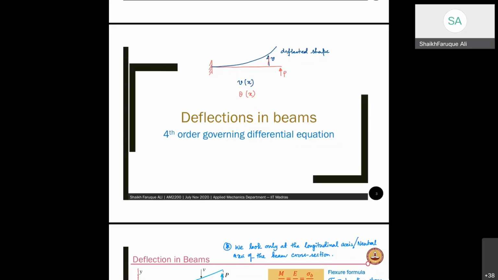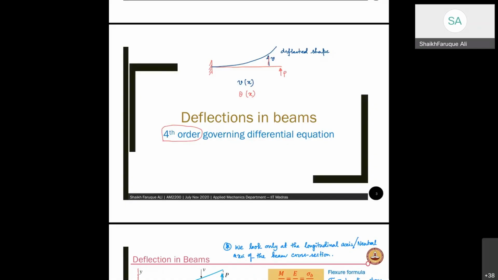So our job is to relate them today, and that relationship is called the fourth order governing differential equation. Okay, so fourth order in the sense the relationship will have a fourth order differential equation in deflections, and that relationship is what we are going to find today.